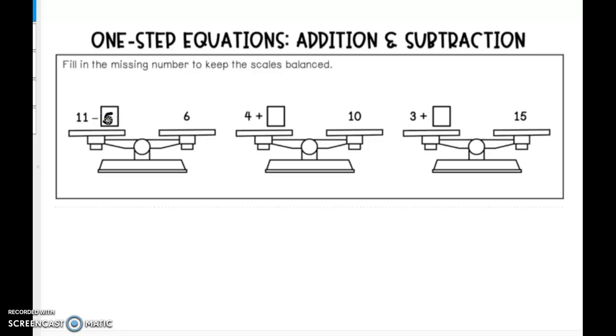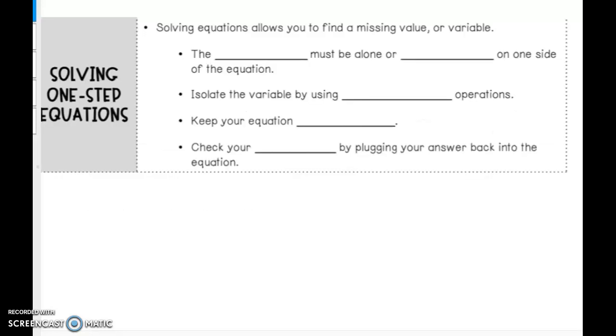On this next one, we know that 4 plus something has to equal 10. Again, we know our math facts, so we're going to put a 6 in there. The next one, 3 plus something equals 15. Well, we know that 3 plus 12 is 15. So if we're thinking about one-step equations, this is how we have to think about keeping both sides balanced.